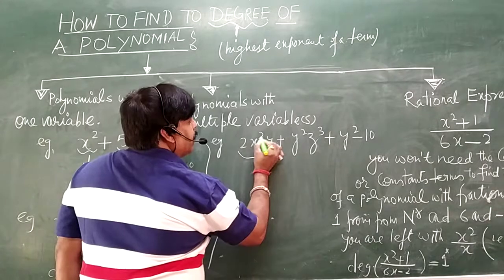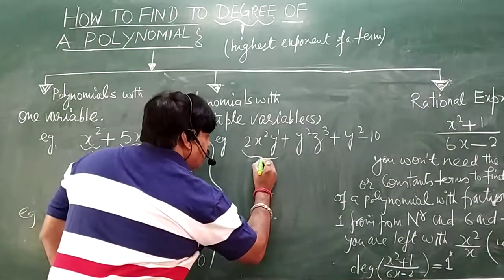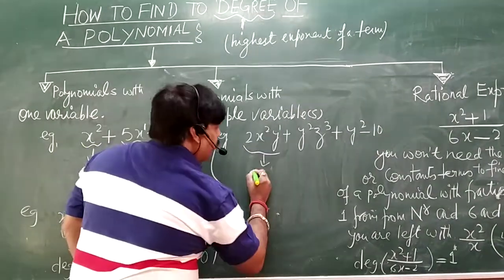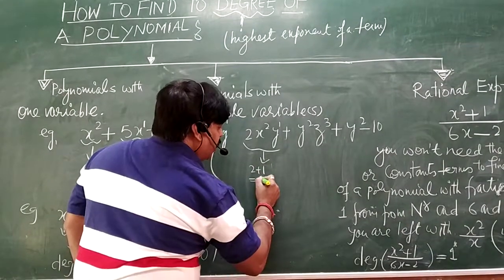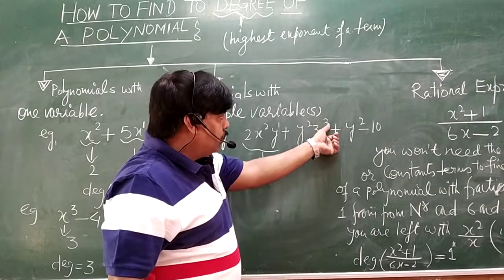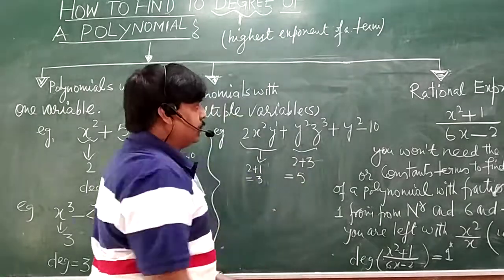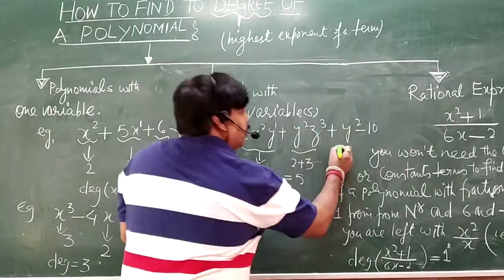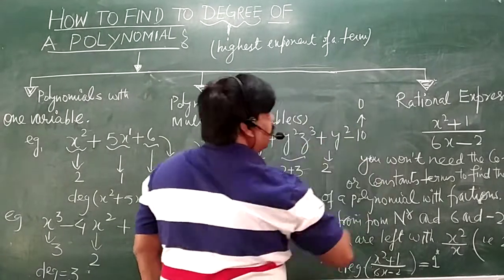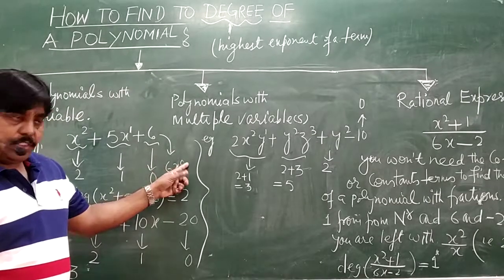The exponent of x is 2 and of y is 1, so the degree of this term is 2 plus 1, that is 3. Here the exponent of y is 2 and z is 3, so 2 plus 3 is 5. Here is only one term, 2, and this is a constant, so that is 0. It's already discussed, because 10 can be written as 10 into x raised to power 0.